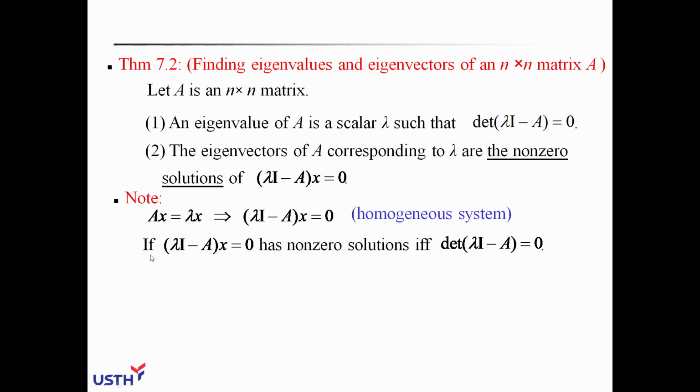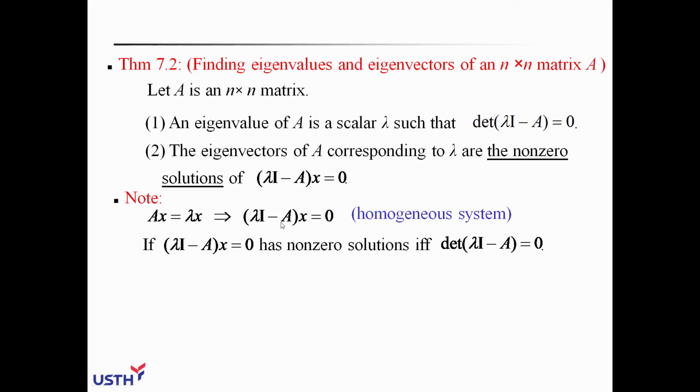So once again, I repeat some names for you. Because Ax equals lambda x, it implies that (lambda I minus A)x equals 0. And that is a homogeneous system of linear equations. However, because x is an eigenvector, x must be non-zero.